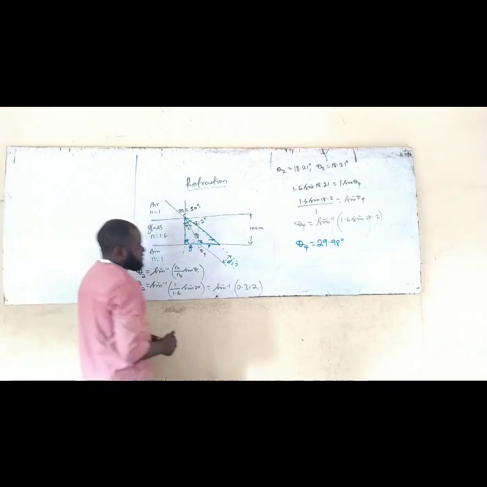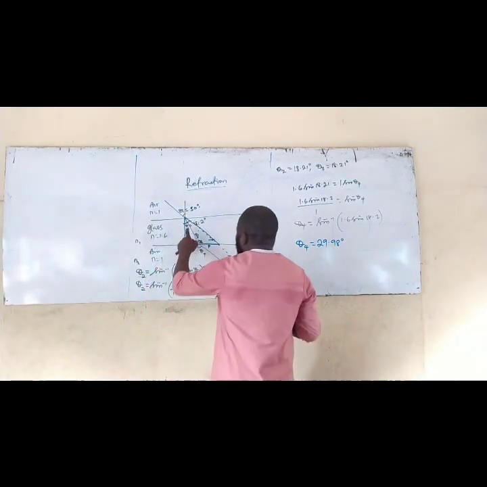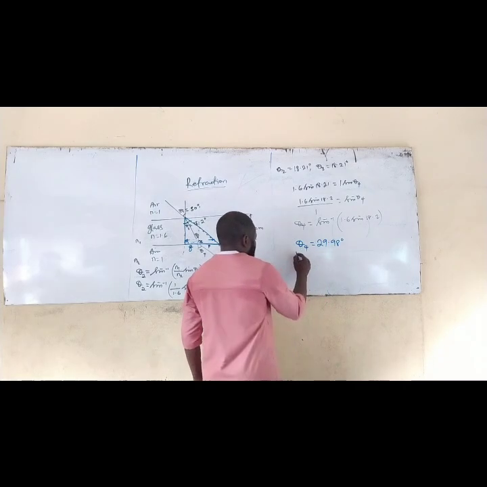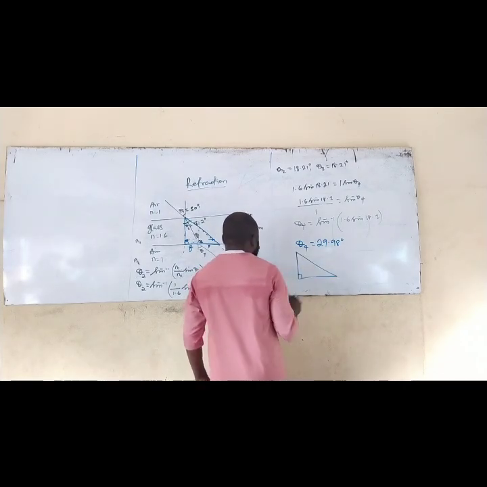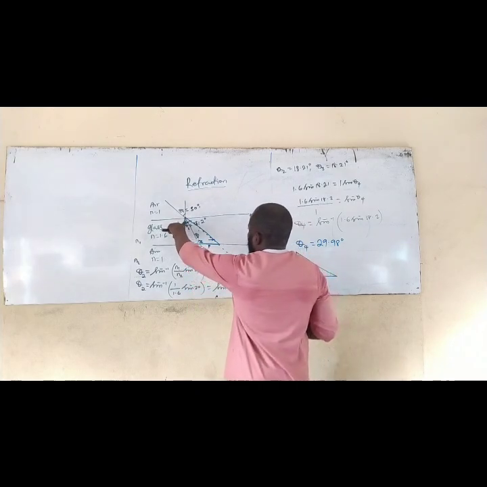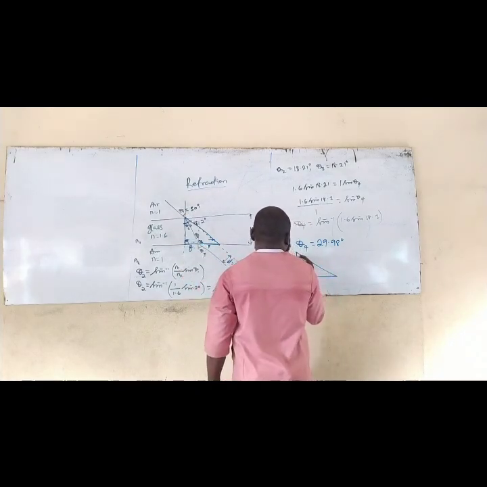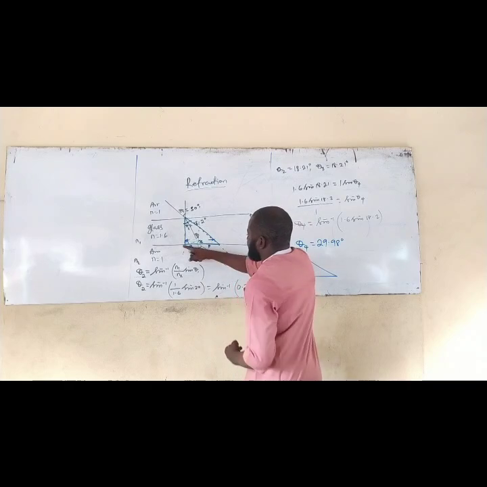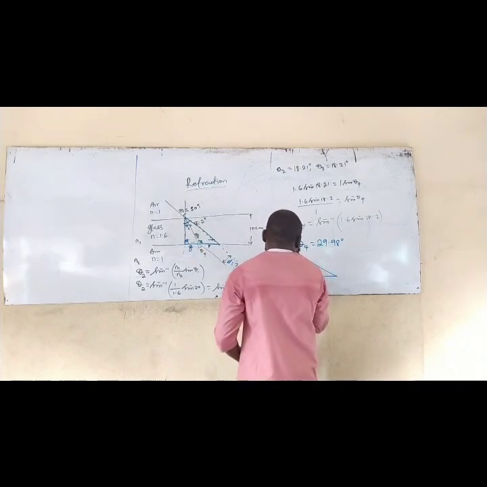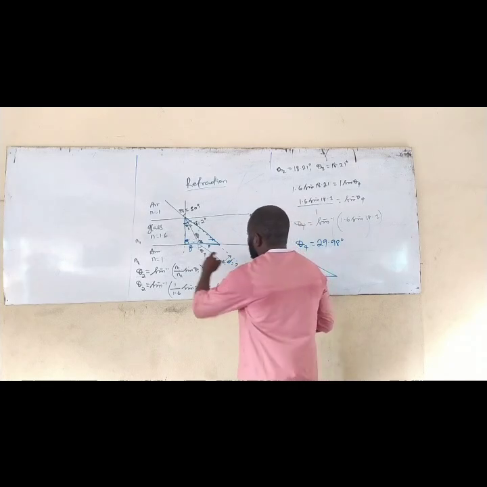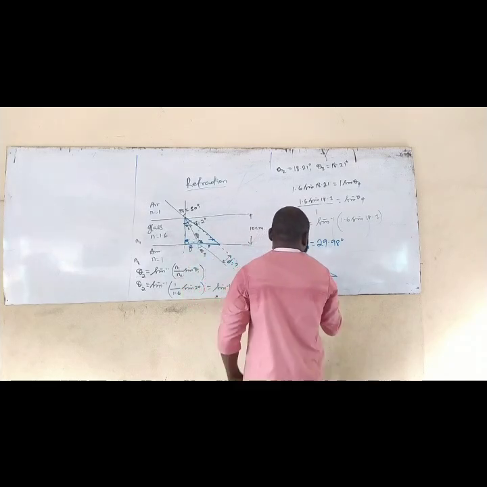So that's 30 degrees. Let me draw out the triangle. If here is 30 degrees, this angle here is 30. This height is 10 centimeters.